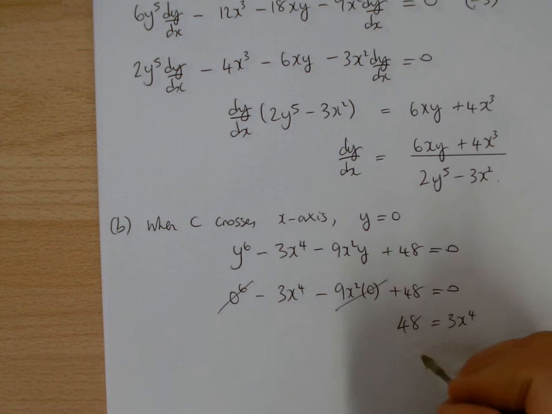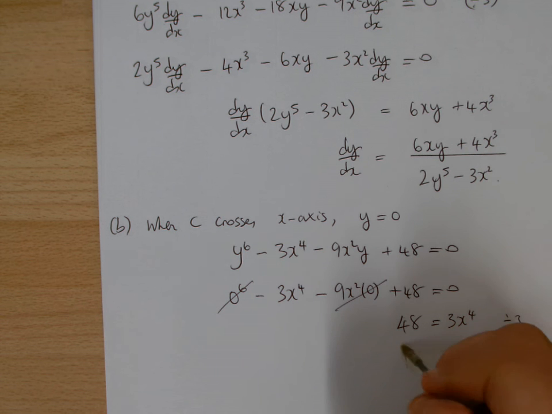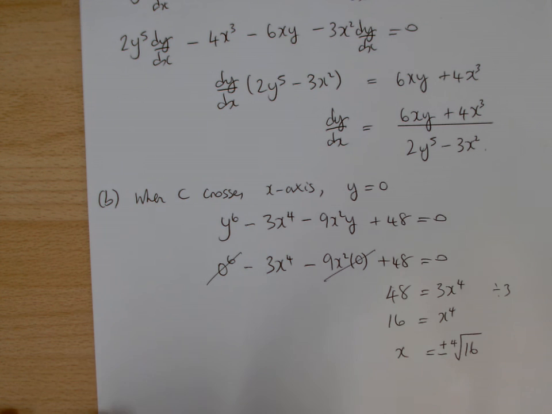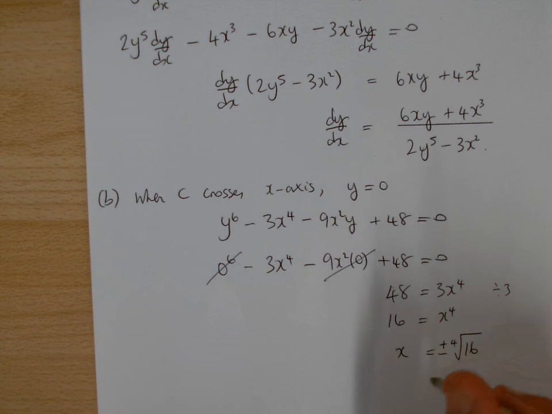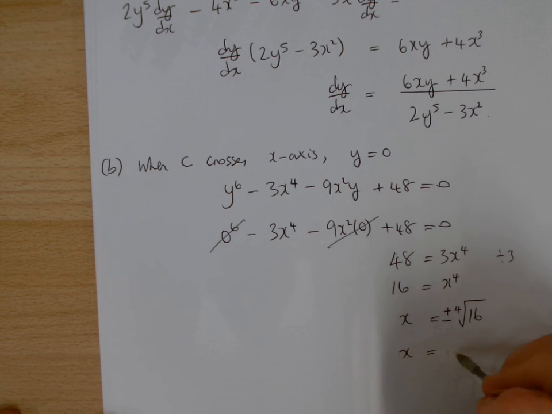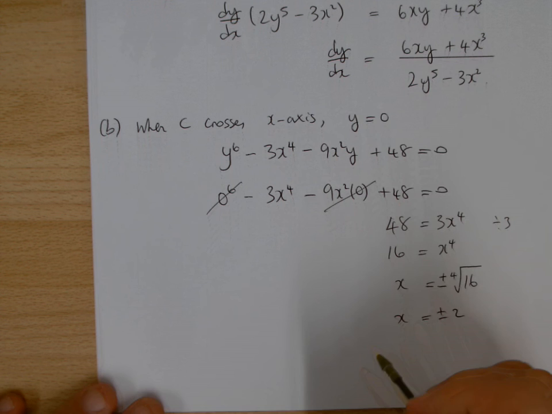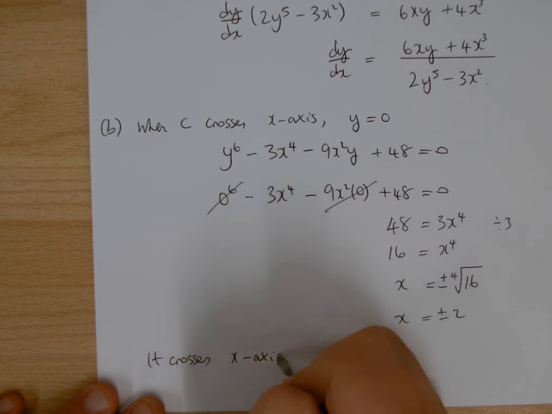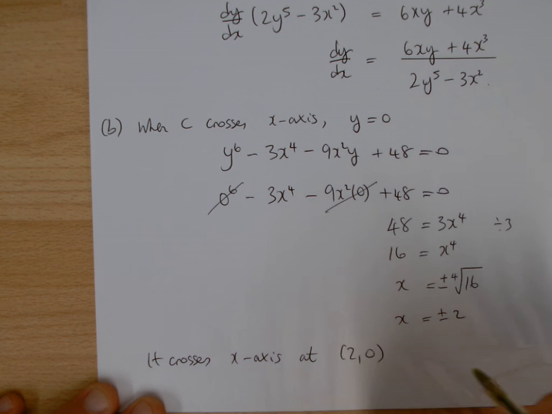Divide through by 3, so we get 16 equals x to the power 4. To get x, you do the 4th root. But what you must remember with the 4th root, just like square root, is plus or minus. When it's an even root, you've got to put plus or minus in front of it. That comes out to be plus or minus 2. So it crosses the x-axis at (2, 0) and (minus 2, 0).